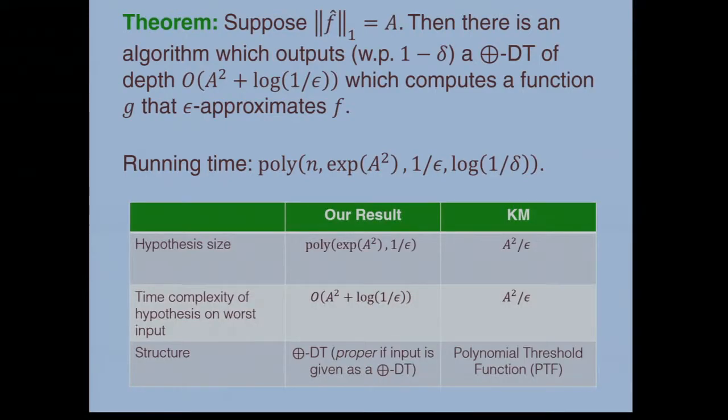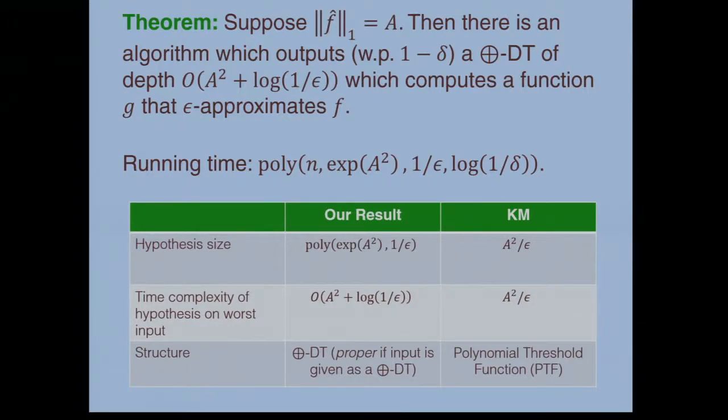So I have here a table of comparison. Our hypothesis size is obviously much larger. If you think of a tree of depth a squared, its size can be exponential in a. However, you do much more preprocessing and you get a better hypothesis.